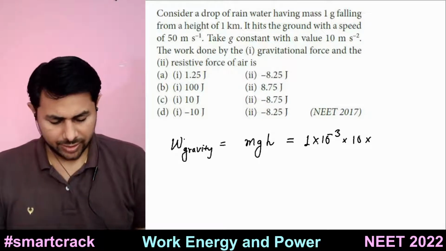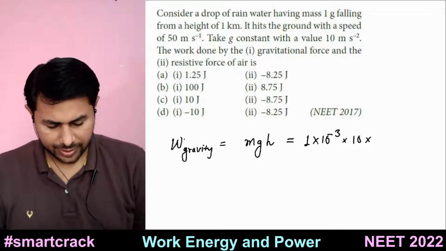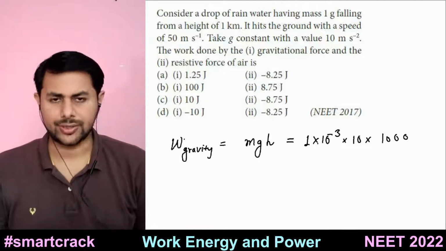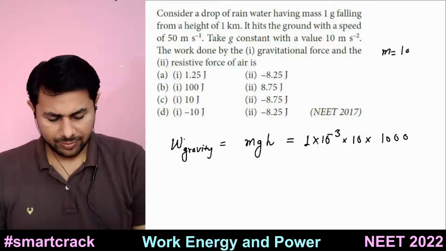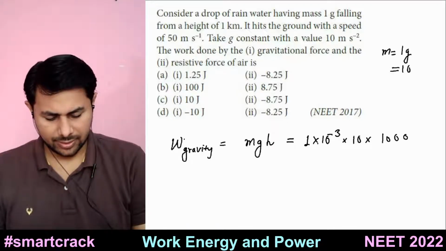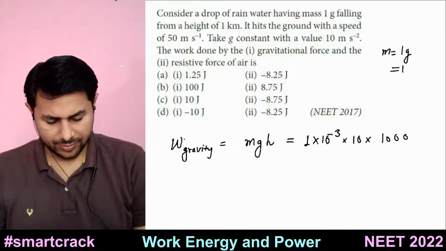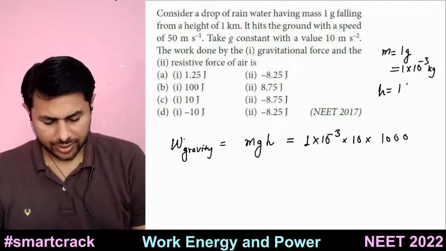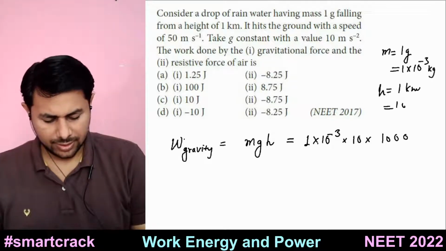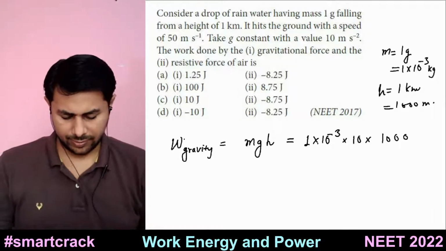So 1 kilometer you can write as 1000 meters. So mass is 1 gram, which can be written as 1 into 10 raised to minus 3 kilogram, and h is 1 kilometer, which is 1000 meters.